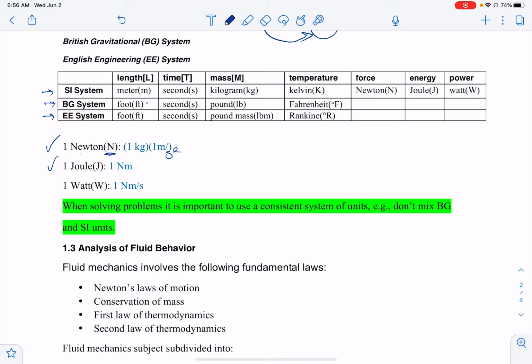Just try to understand how we get these units. If you write down the formula for each of those, you can see how we get them. It's important to stick these units in your mind and memorize them, but first, before memorizing, just understand it.